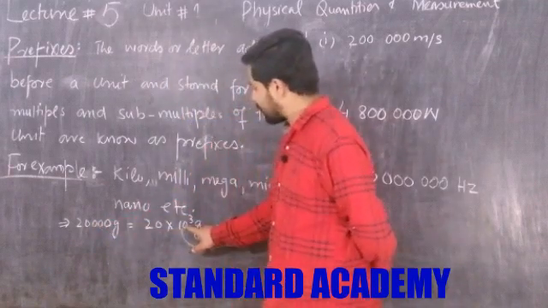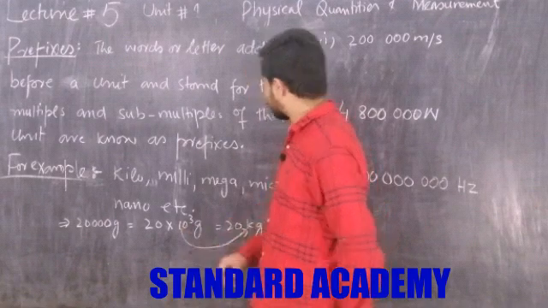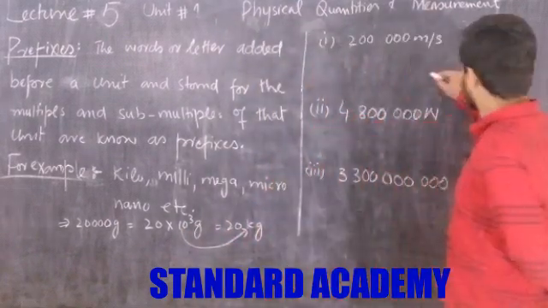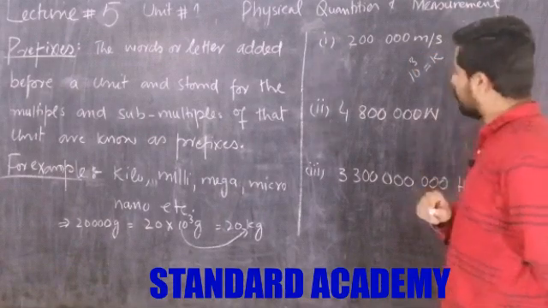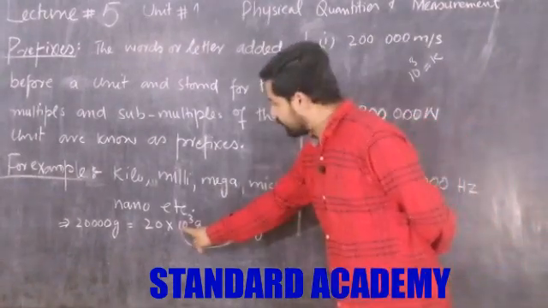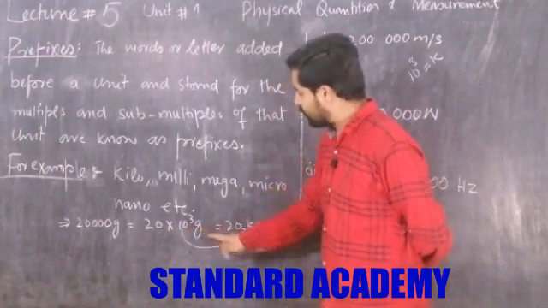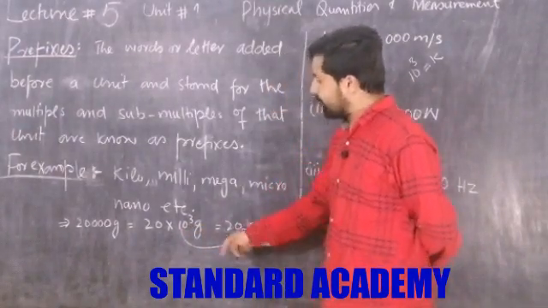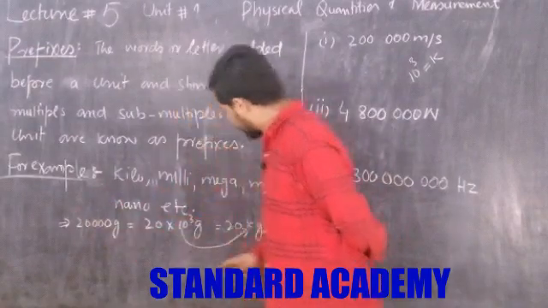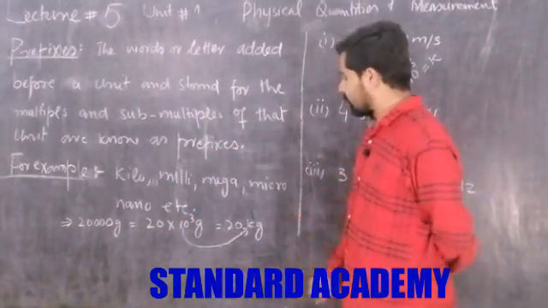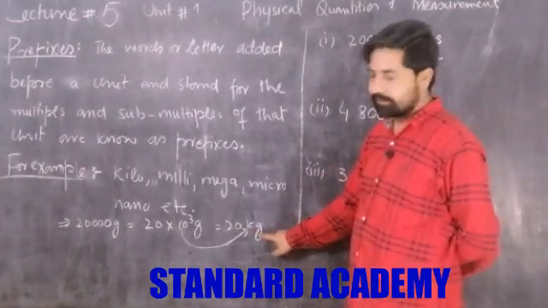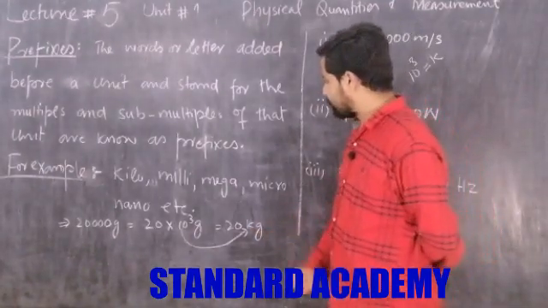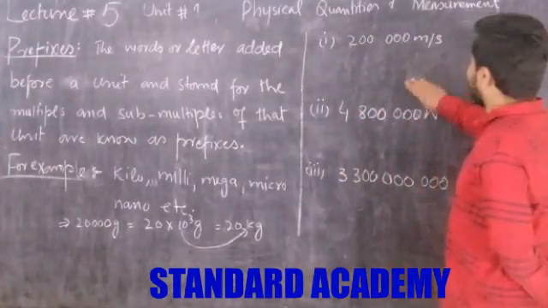This is 10 raised to the power 3. And as we know, 10 raised to the power 3 is the prefix for kilo. So I am writing kilo in place of 10 raised to the power 3. So this term will become 20 kg, where k is the prefix and g is the unit of the given quantity.